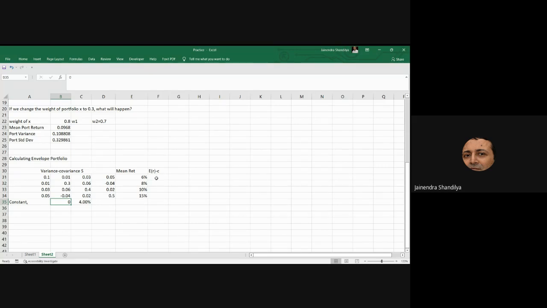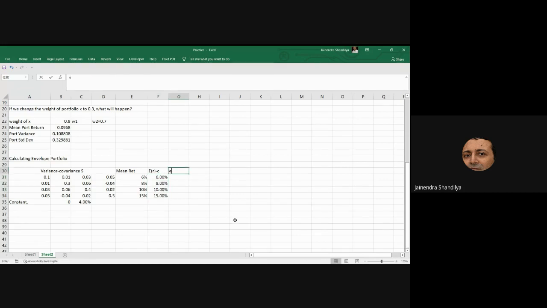So here I will do ER minus C, and I copy this so that I get ER minus C 1.